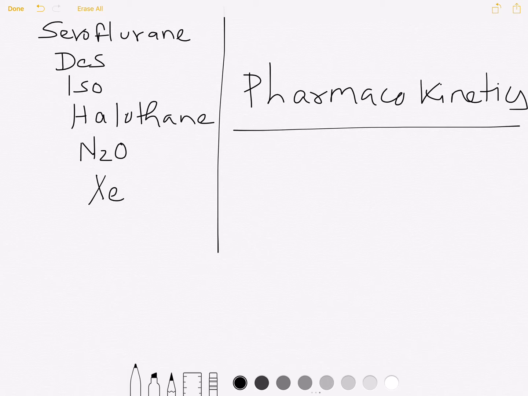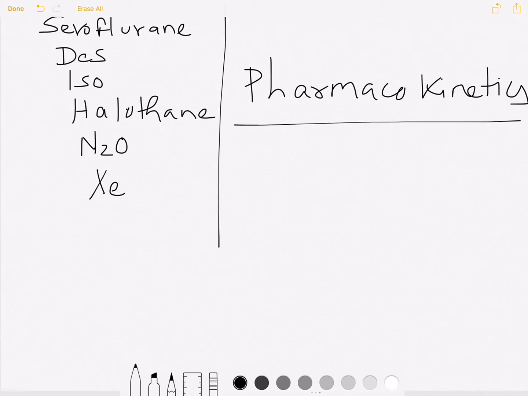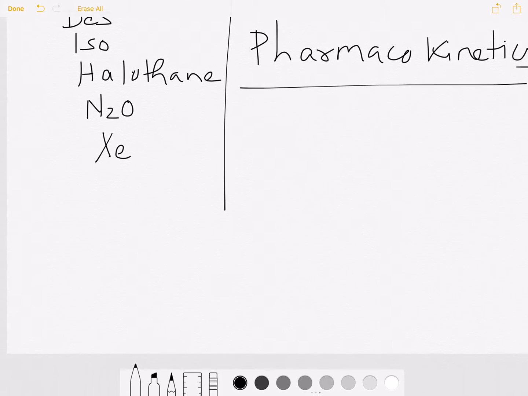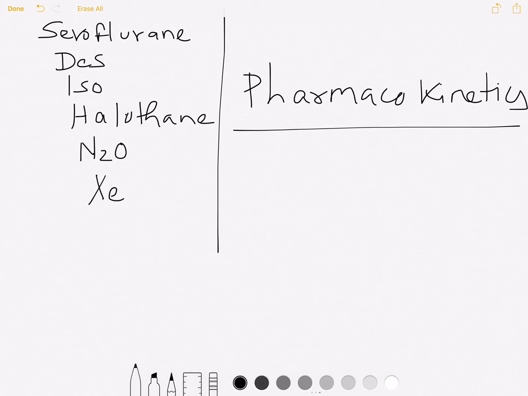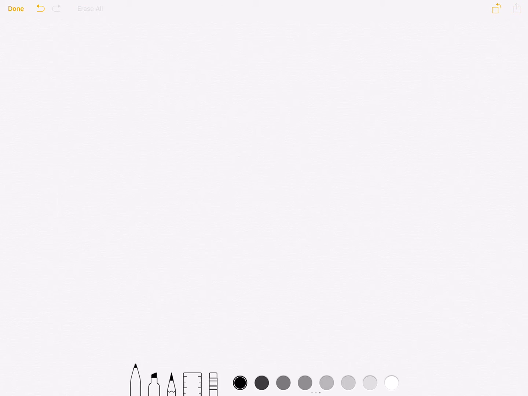So first of all, before we go on to the pharmacokinetics of these drugs, there are certain things we need to understand about these drugs. What we need to know is, first of all, what is FA?